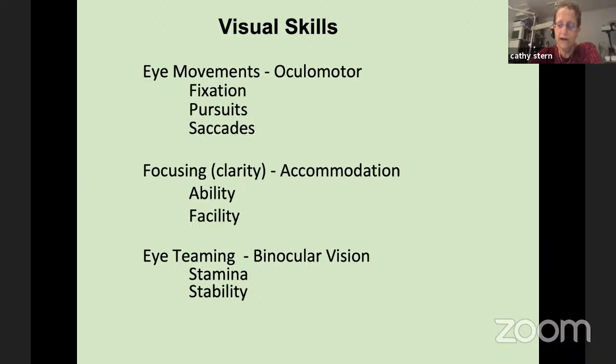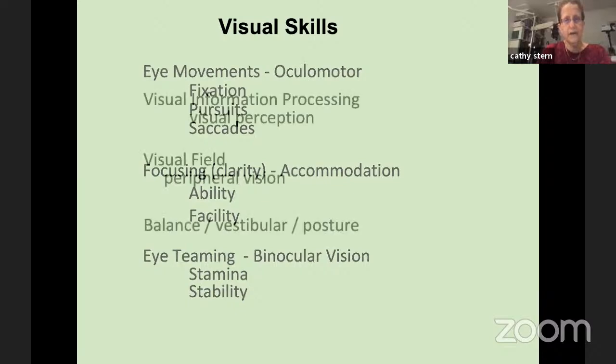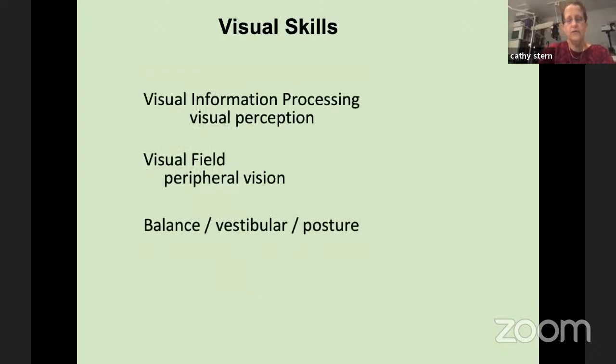Because if someone has very weak binocular vision, it may not take much before they cannot sustain using it, and they may have difficulty, for example, later in the day and not so much earlier in the day. Or they may have more difficulty with certain tasks and not others. Now, also, we have to think about higher level processing of information, what we sometimes call visual perception.